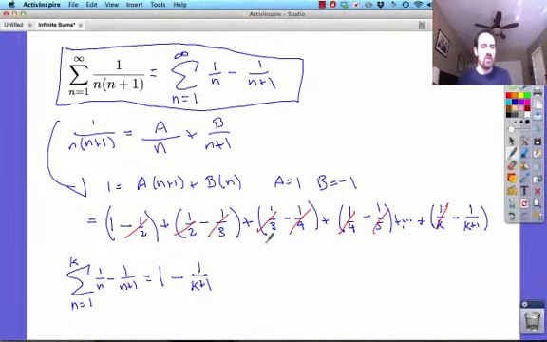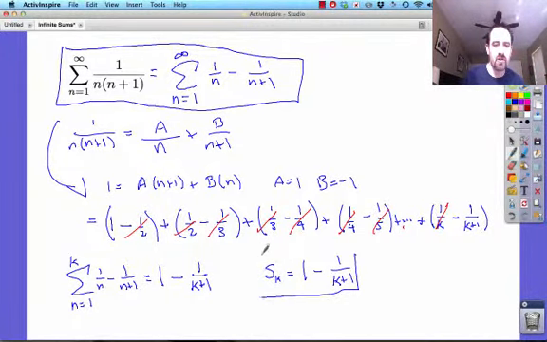So this is the partial sum up to the kth term: 1 minus 1 over k plus 1. And what we're saying is that wherever this sequence goes, the series goes. Well, what happens if we let k go to infinity here? If we let k go to infinity, this goes to 0. So this telescoping series ends up going simply to 1.